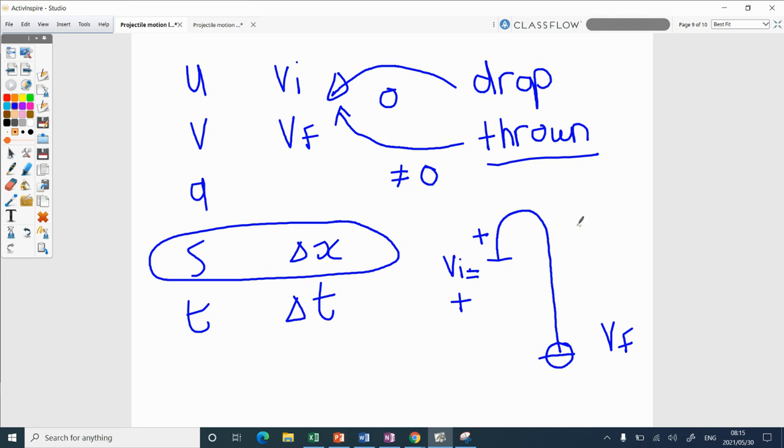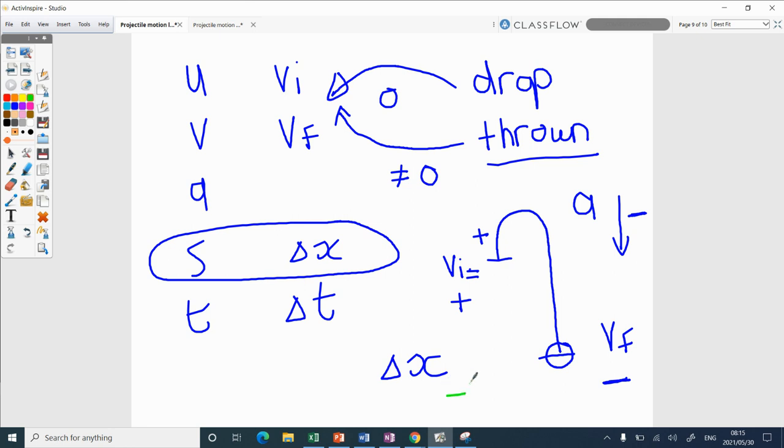Okay, and then you need to decide about your acceleration. Which direction is your acceleration always? Down. Always down. So whatever you decided down is, in this case, this final velocity would be negative and the acceleration would be negative. Now what will my delta X be? Positive, negative, 0.